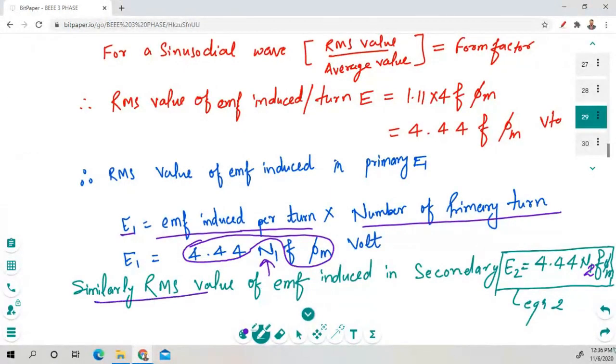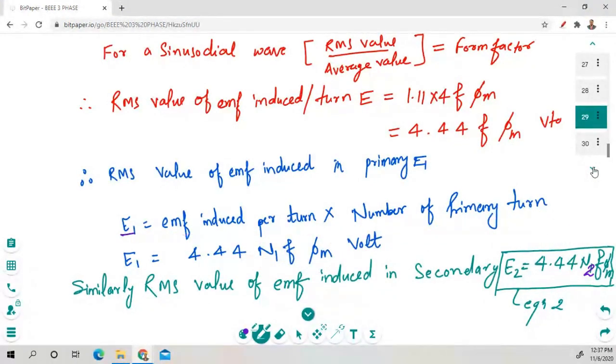On the secondary side, we multiply it by the number of turns N2. And we put all the values for the EMF induced per turn here. In this way we have calculated the EMF across the primary side and the EMF across the secondary side. Okay, write in chat box. Have you understood these equations? How we have calculated this EMF across primary and secondary?